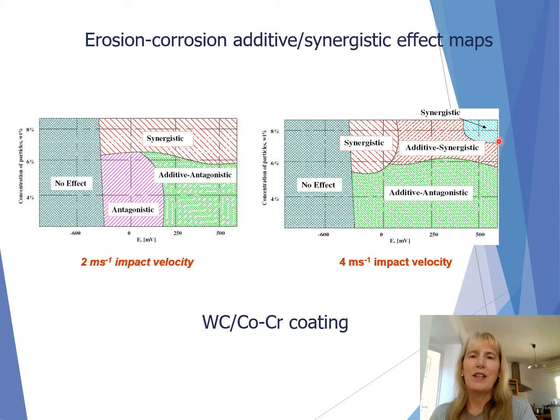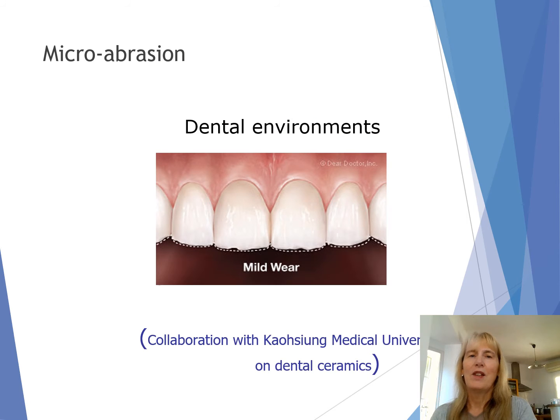And for 4 meters per second versus 2 meters per second on the cobalt chrome tungsten carbide coating, we get higher synergies at higher velocities. This is because on these kinds of composite-based coatings, we get dissolution of the matrix around the reinforcement particles, and therefore we get higher erosion rates and synergy.